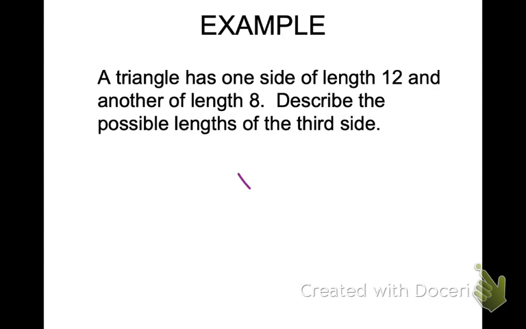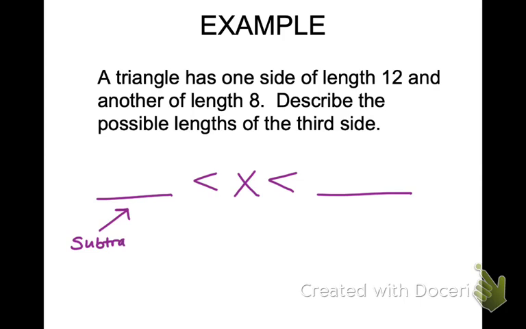So you're going to have a compound inequality. Remember these from good old algebra? Where x is in between a lower bound and an upper bound. Here is your upper bound. Here is your lower bound. To get the lower bound, you are going to subtract your two side lengths.